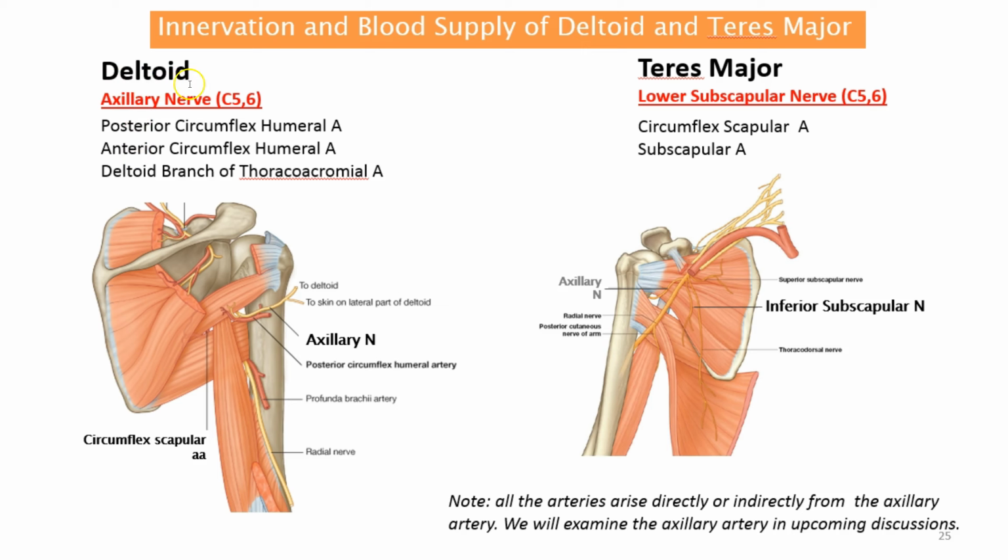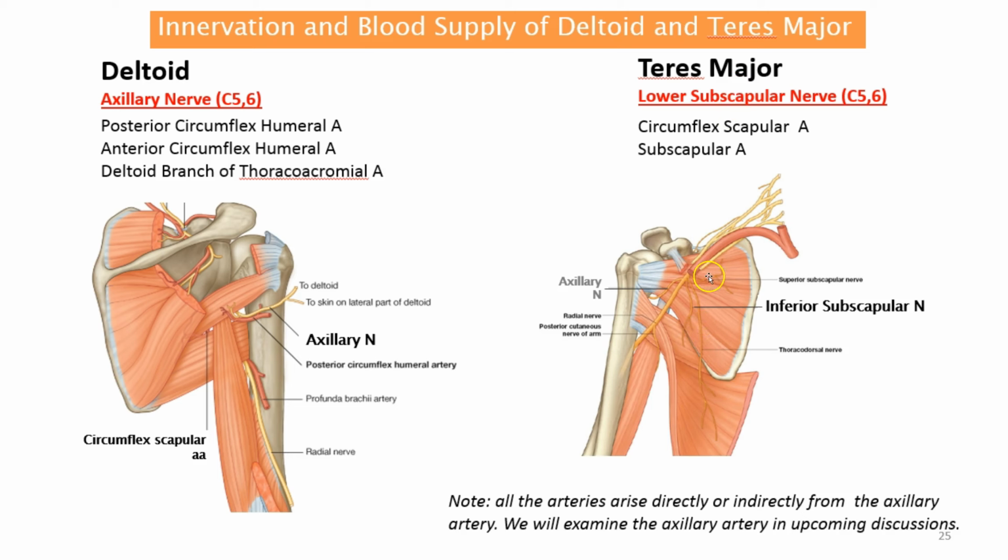Innervating the deltoid is that axillary nerve that we saw earlier coming out through this quadrangular space. It innervated the teres minor, and it also sends a very large branch to innervate the deltoid. The teres major is innervated by the lower subscapular nerve.